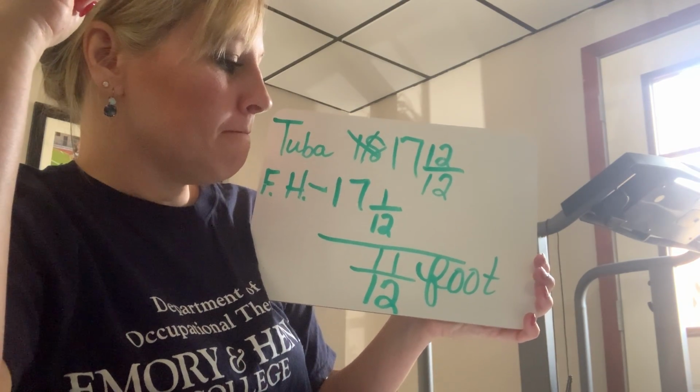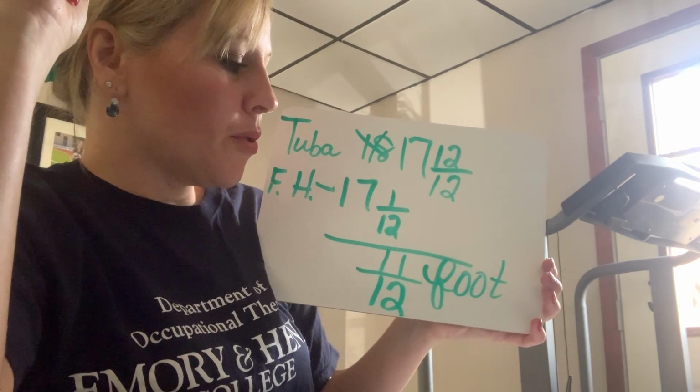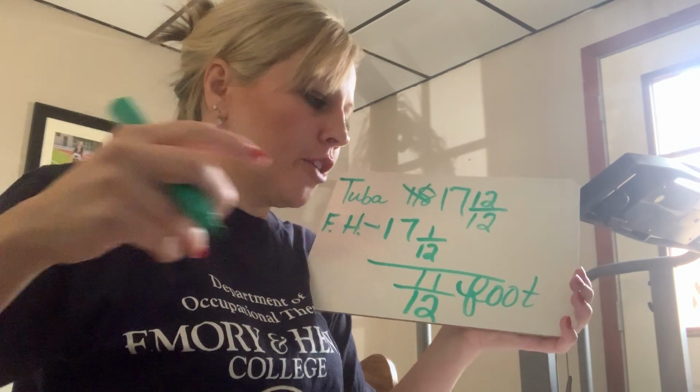Okay? Now, the second part of the problem wants to know the French horn is how much longer than the trombone. So, to find the length of the trombone, I come up here. Let's see. Okay? The French horn is 17 1/12 feet long.